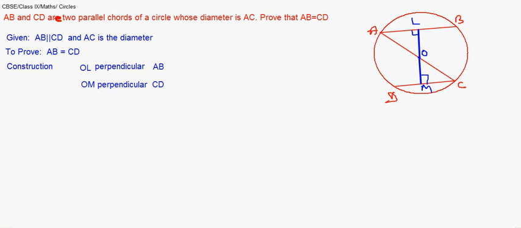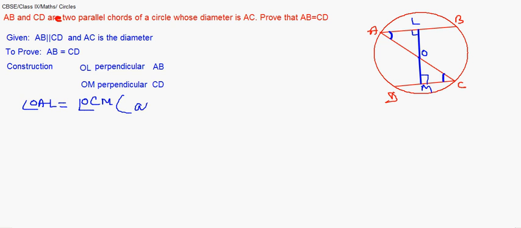And if you look at it, AC works as a transversal. Therefore, angle OAL and angle OCM, they become equal as because they are alternate angles. So I write angle OAL is equal to angle OCM.